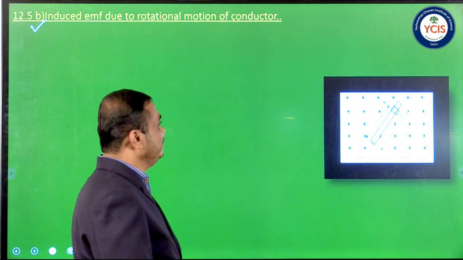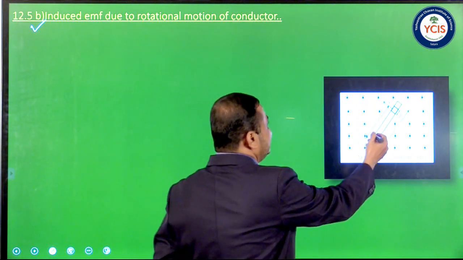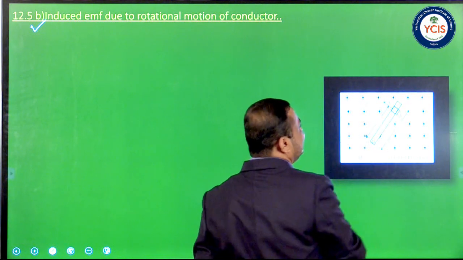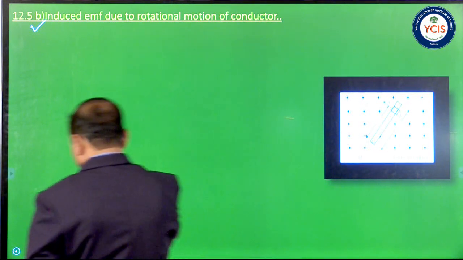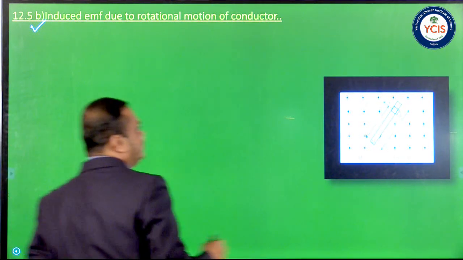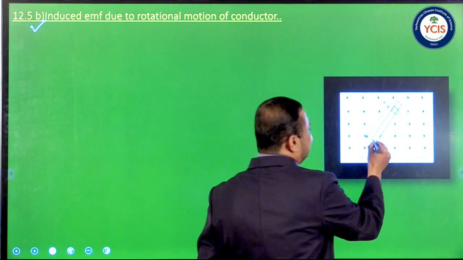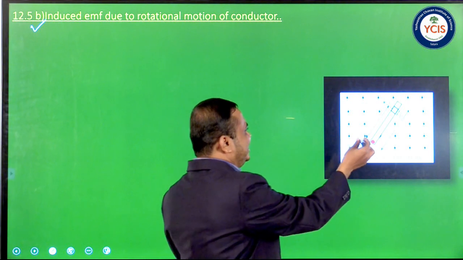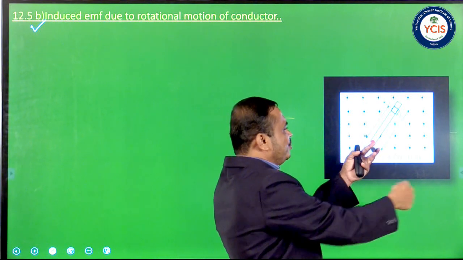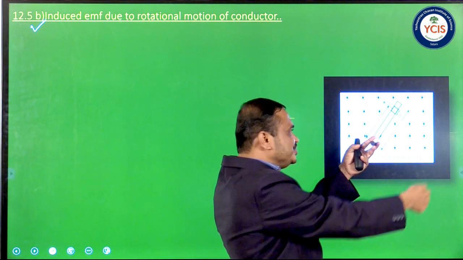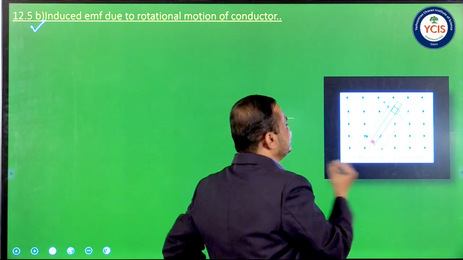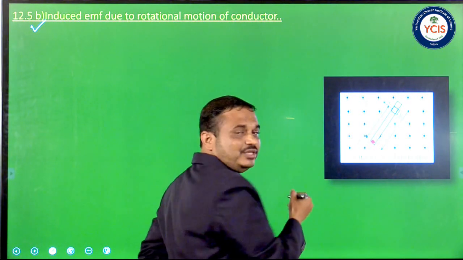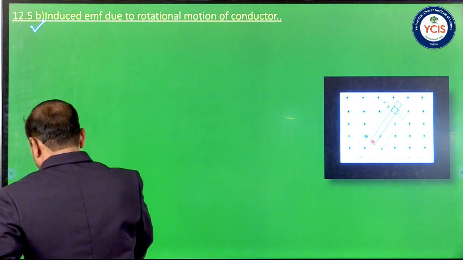So consider a figure. Suppose this is a conductor of length L, as shown in the figure. Suppose this end is pivoted. So this conductor is fixed here and it is rotated about this pivot with a uniform angular velocity omega.